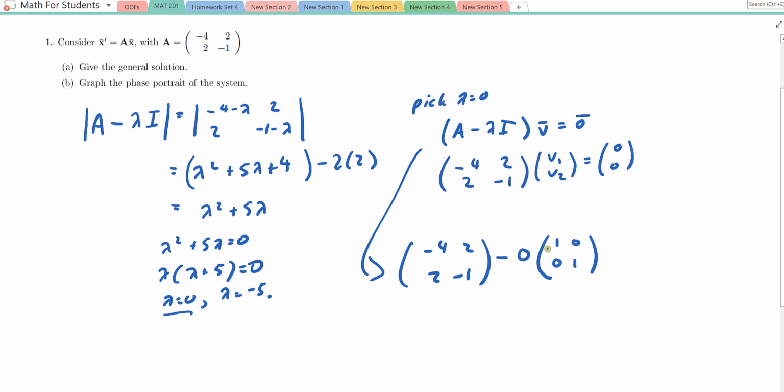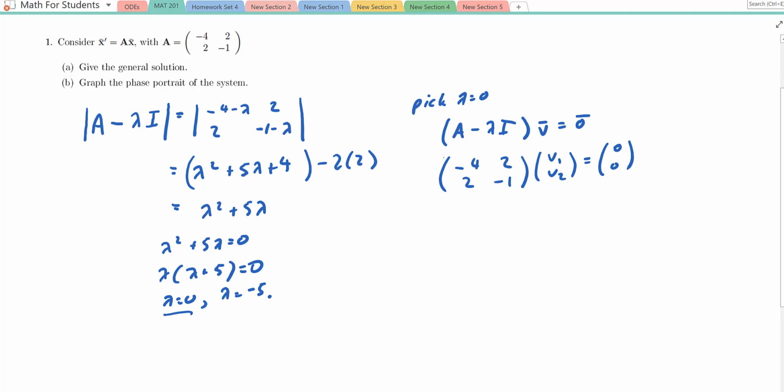So that 0, when I distribute it to all of the entries of the identity matrix, makes all the ones that already had 1s in them 0, and all the others remain at 0. And so we're simply taking matrix A and subtracting the 0 matrix from it. So that's why we end up with just the matrix A when our eigenvalue is 0.